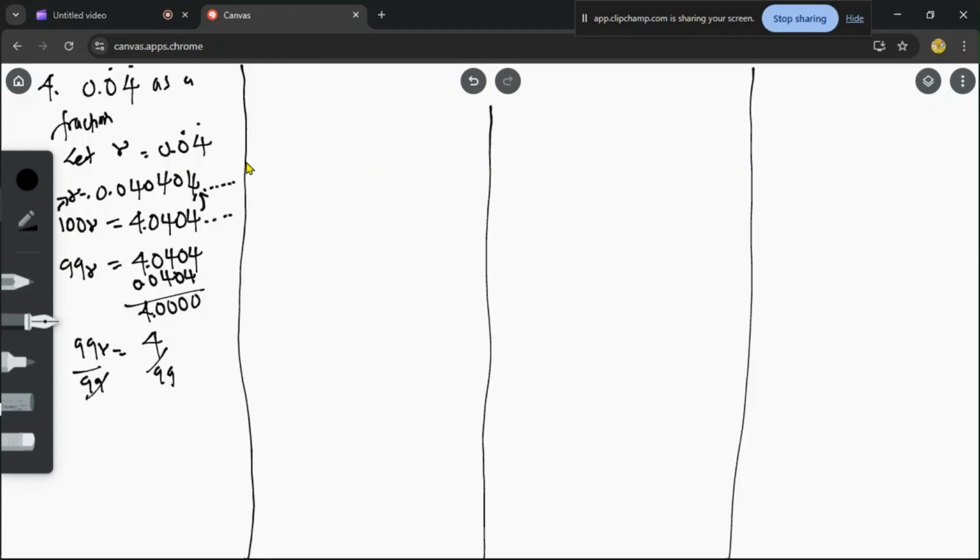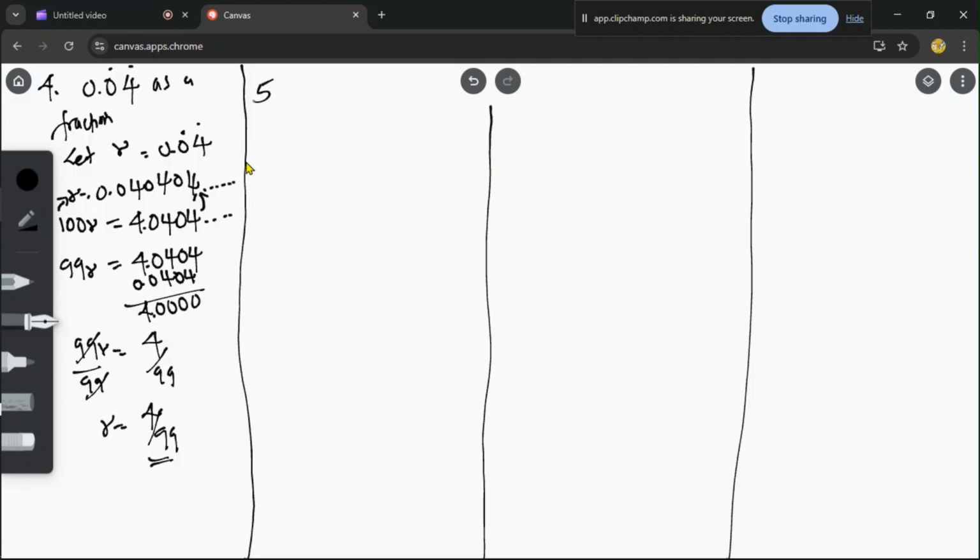So R is the same as 4 over 99. Even if you take a calculator and divide 4 by 99, the answer is supposed to give you the recurring decimal 0.04040404. Good.